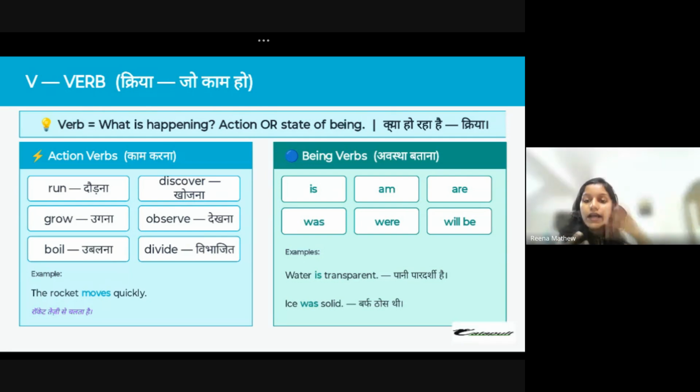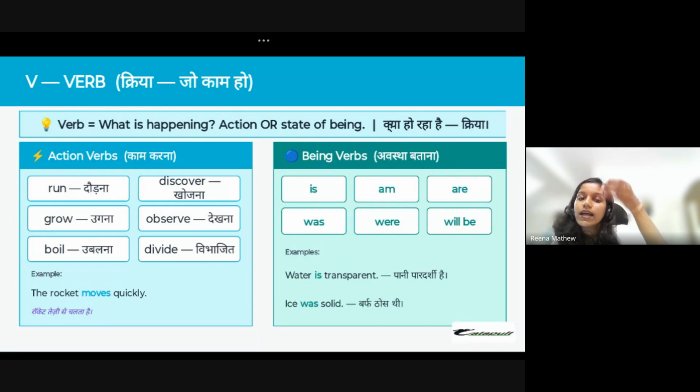If I say water is transparent, I'm giving you an example. Imagine मेरे हाथ में एक transparent water bottle है. Inside, I am putting some dirt. Before putting the dirt, the water is transparent. Is, meaning in the present, that is the being verb. It is showing the state.